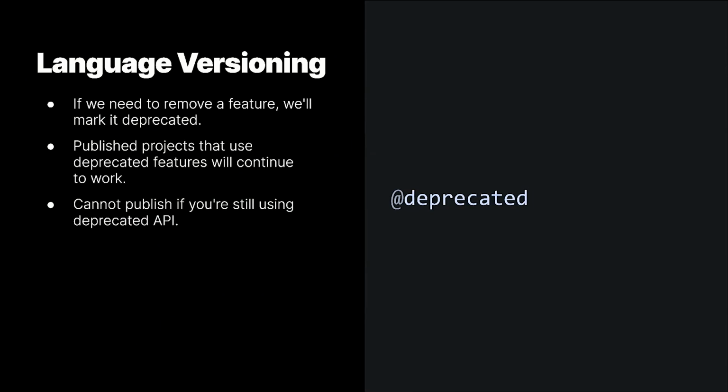Conversely, we've also added the deprecated attribute. The deprecated attribute right now is just informational, but the goal of it is that when we mark something deprecated, that means that the function is still available behind the scenes for already published projects. So us marking something deprecated isn't going to break live experiences.